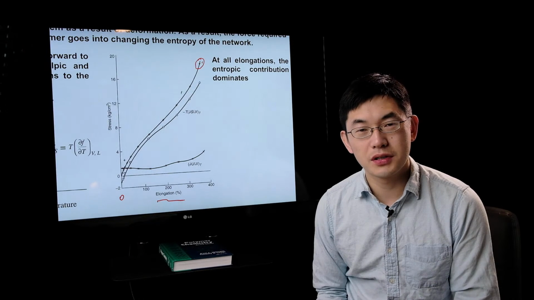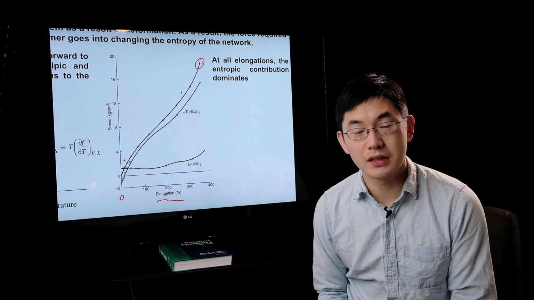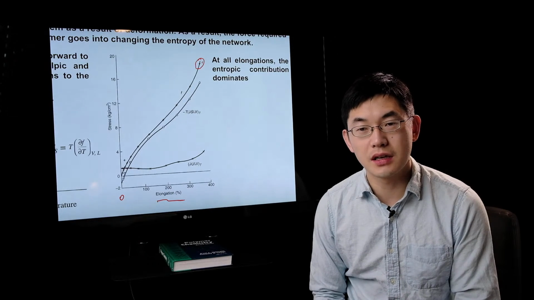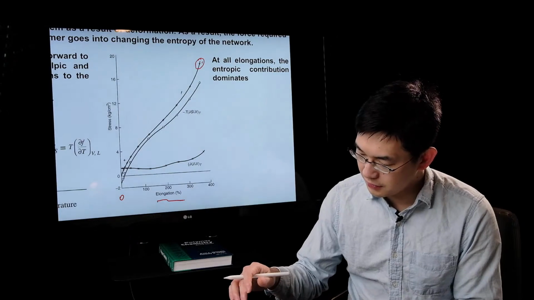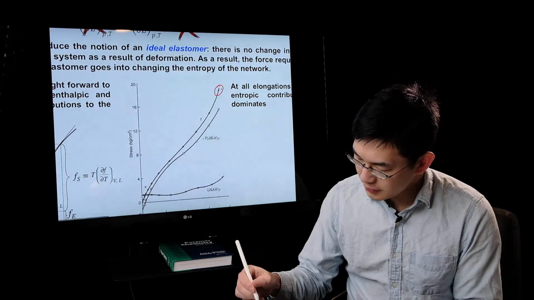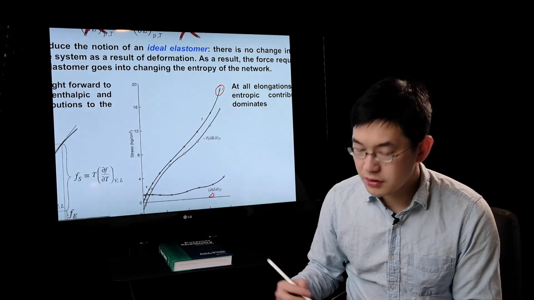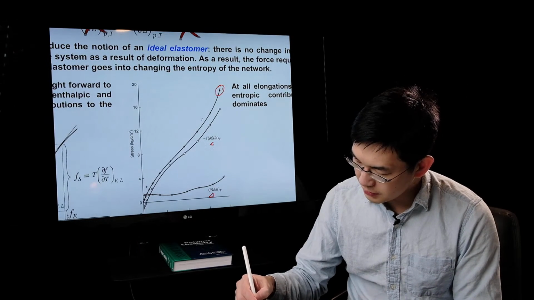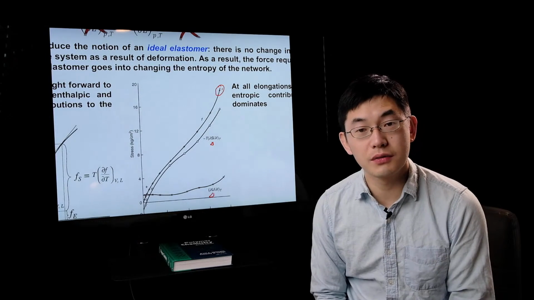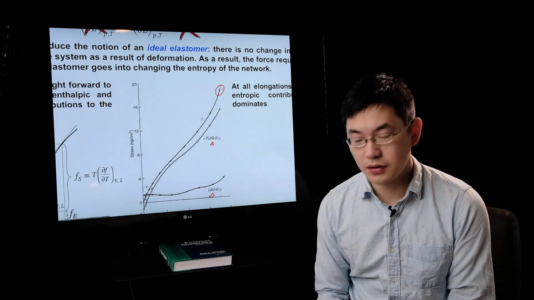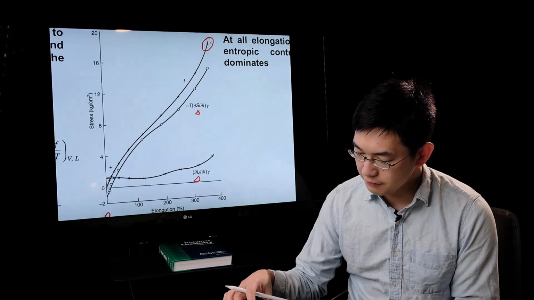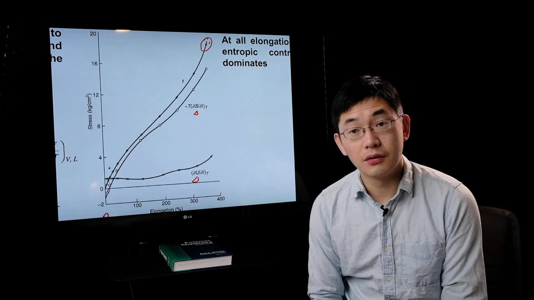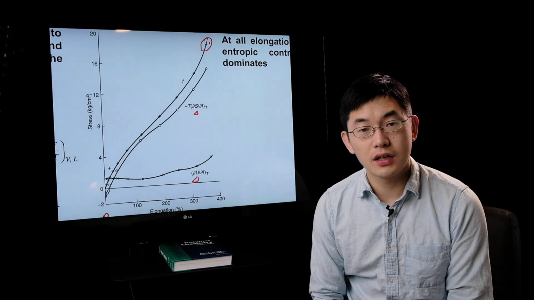What is more interesting for polymer scientists, in particular in this lecture, is how we can differentiate this value using the internal energy, which is related to the enthalpy, and entropy. It turns out the internal energy U is not particularly relevant at a very large elongation.